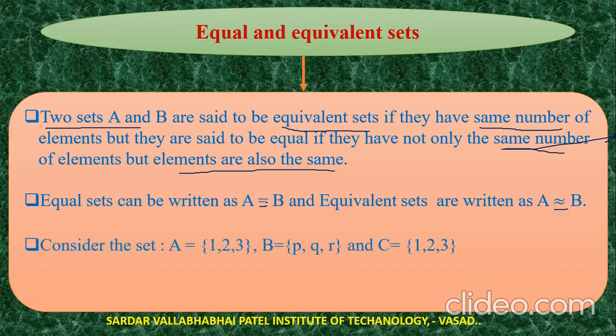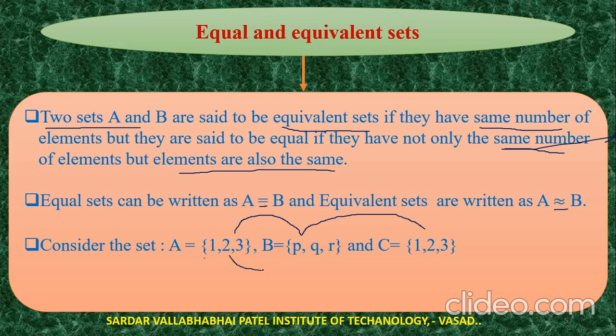Consider the set A is {1, 2, 3}, B is {P, Q, R}, and C is {1, 2, 3}. Obviously, in sets A and B the number of elements is 3, here also 3, and C also 3. So A and B, and B and C, have an equal number of elements, so they are equivalent.